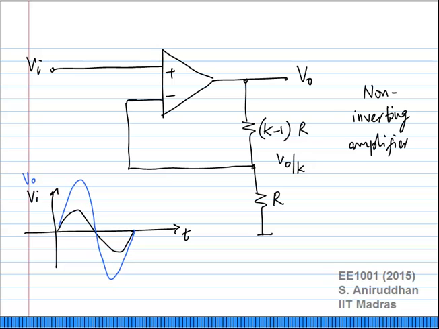If you had an inverting amplifier configuration, you would get a phase shift of 180 degrees. This particular structure gives you only a non-inverting gain K, which has to be greater than 1, because we do not have negative resistors, and very clearly one of these resistors is K minus 1 times R. This amplifier can create gains greater than 1. Is that clear?